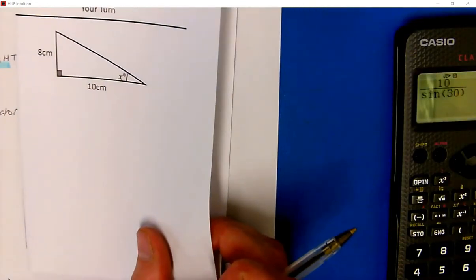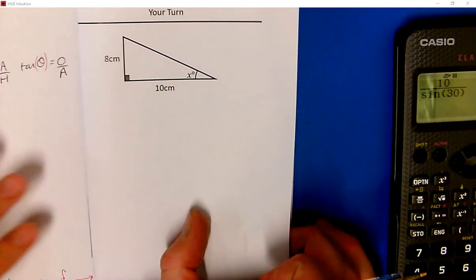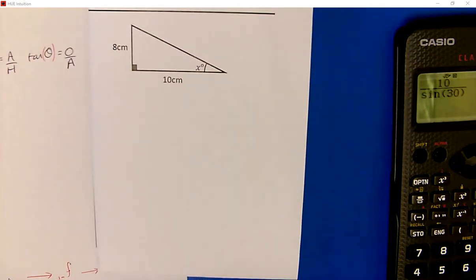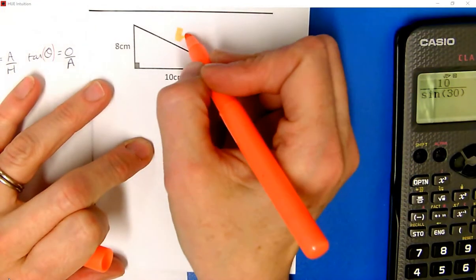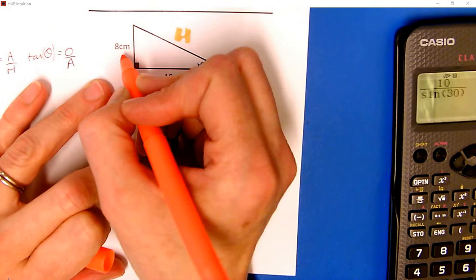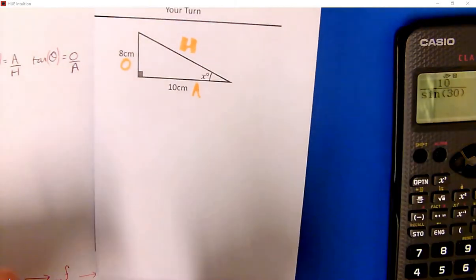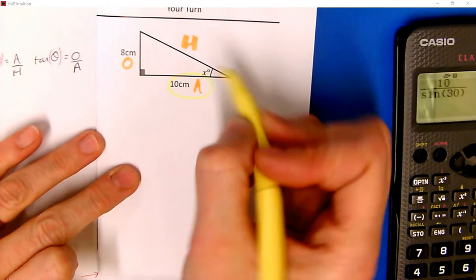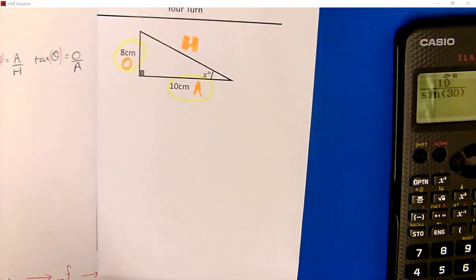The last question has got an unknown angle. We start exactly the same. Hypotenuse is the longest side, adjacent is next to the marked angle, opposite is opposite the marked angle. We have information on the adjacent side and the opposite side.